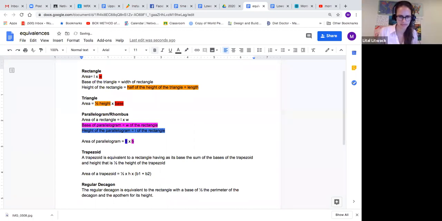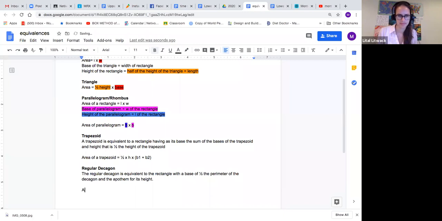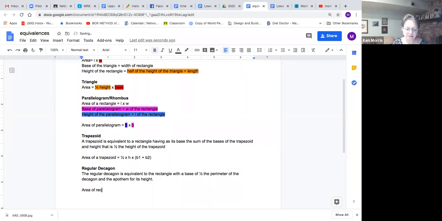So if we look at the formulas again, the area of a rectangle is equal to, I like to say length times width. I don't like the way she's saying base times height. I think it's confusing, but that's just me.